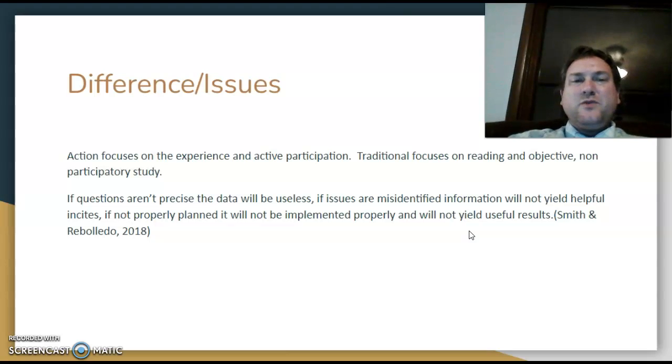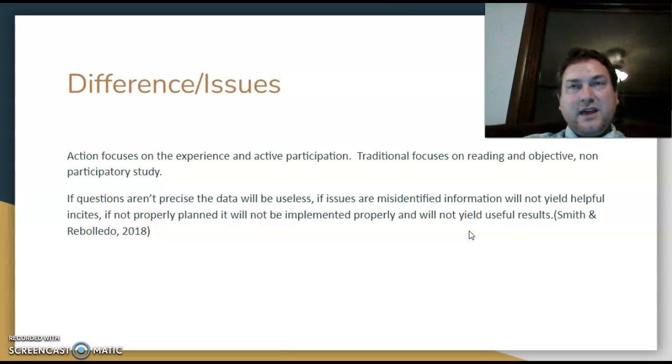The differences between action research and traditional research. Action focuses on the experience and active participation. Traditional focuses on reading and the objective, non-participatory study. In other words, there's a wall between the researcher and the participants in the study with traditional.